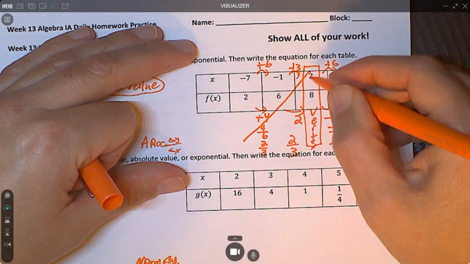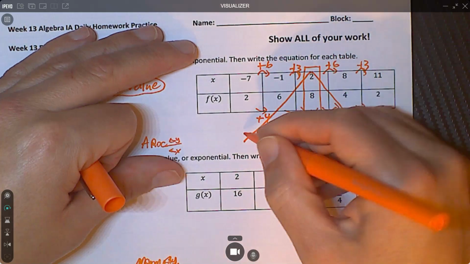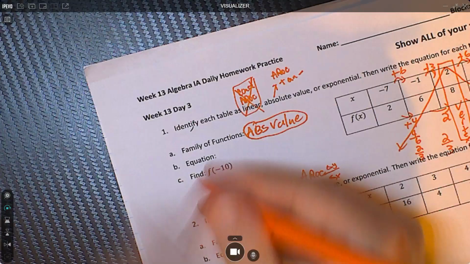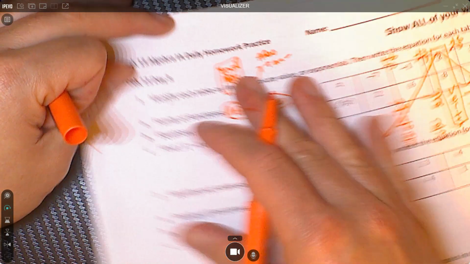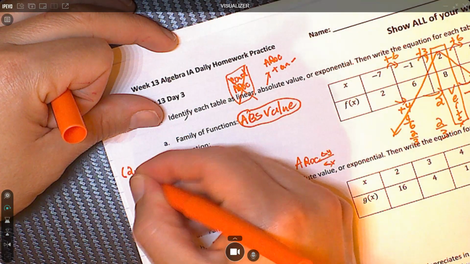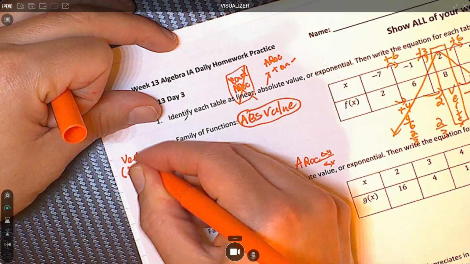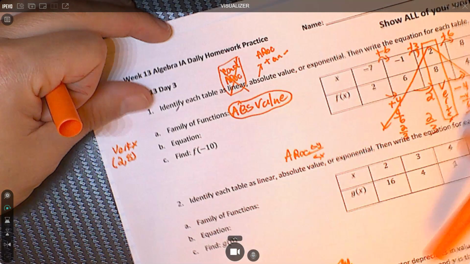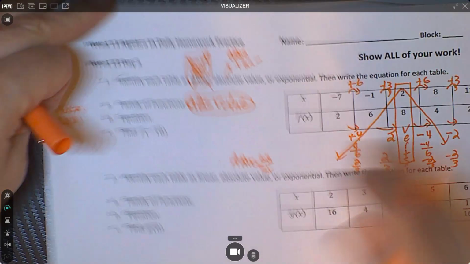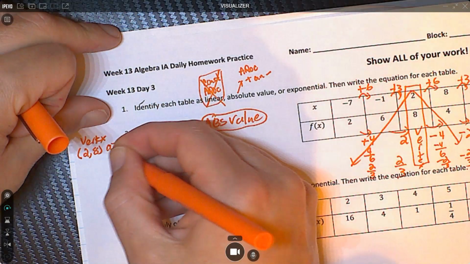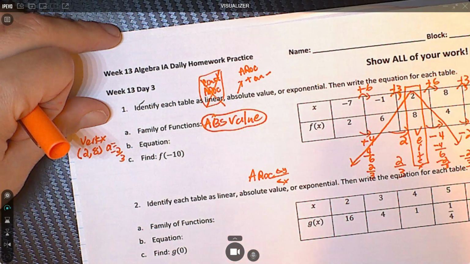It hits that, and then it starts going down. So, equation, we're going to use 0.28. Okay, and A is determined from this point to the right. So A is negative 2/3 because it opens down.